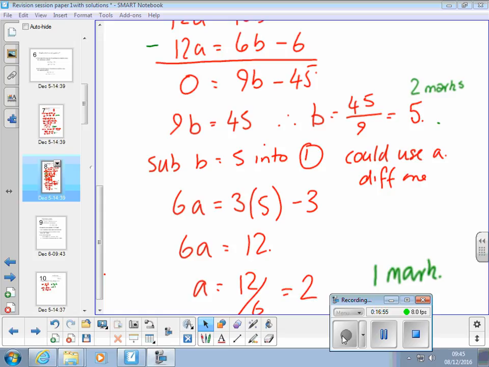Substituting b equals 5 back into one of those equations, just choose what's the easiest, and you end up with a is equal to 2.